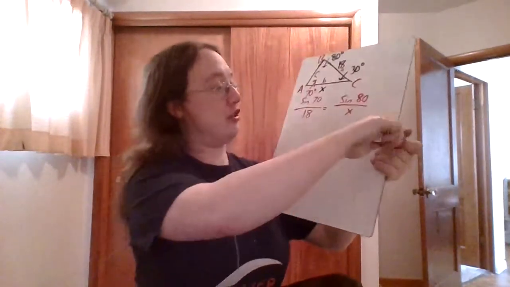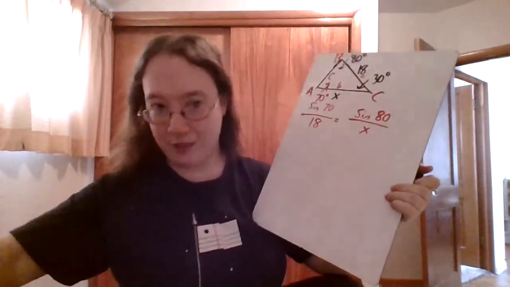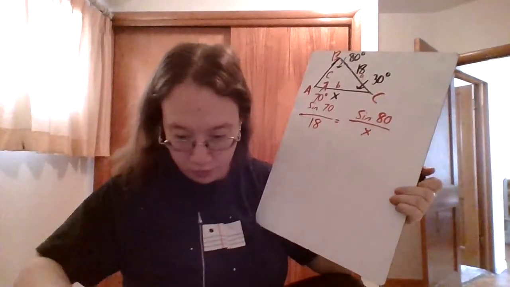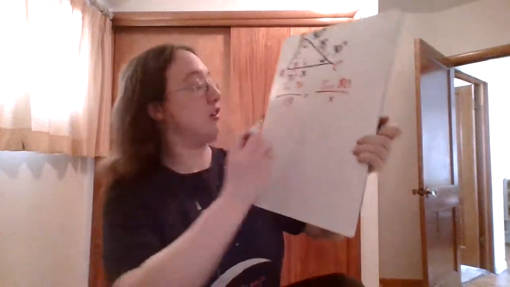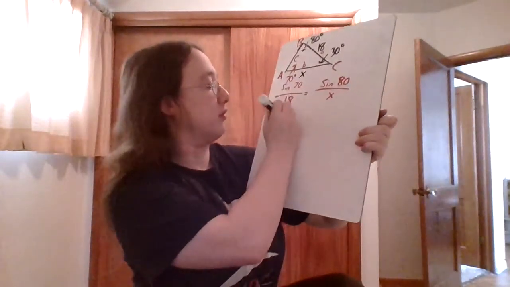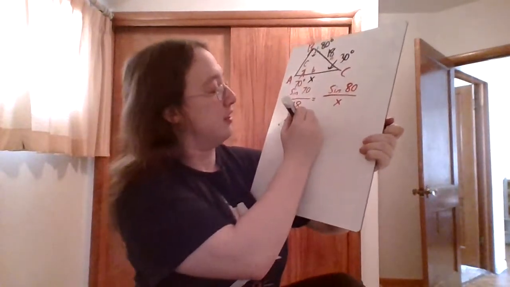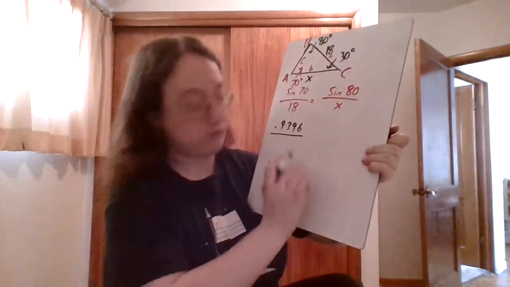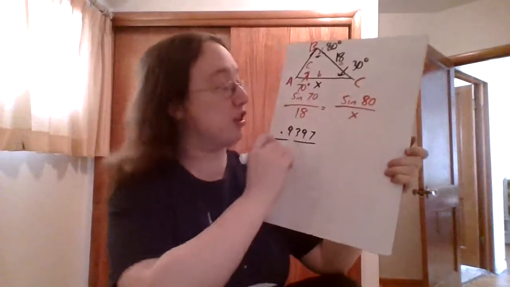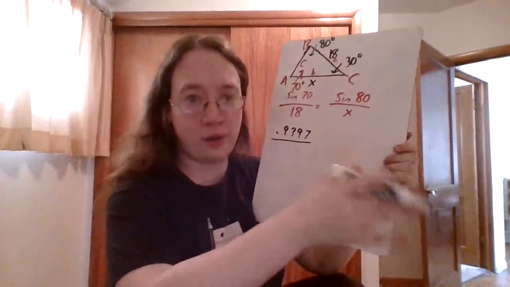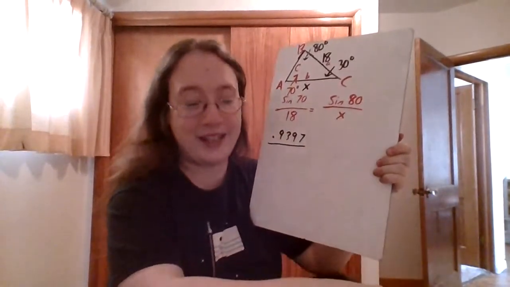So sine of 70 is just a number, and sine of 70 is about 0.9397. And you may notice I'm rounding these, so 3 or 4 decimal places is fine.